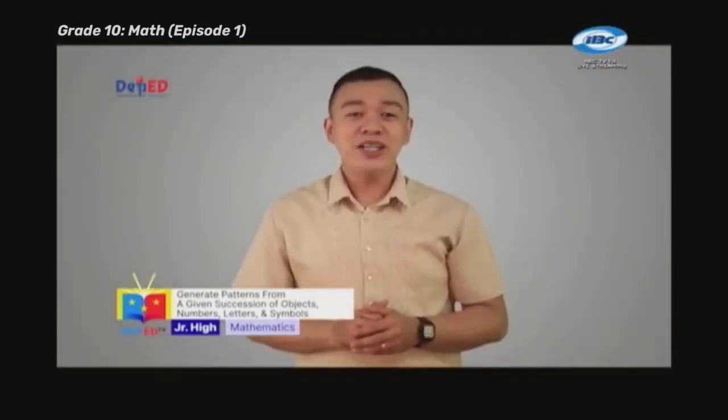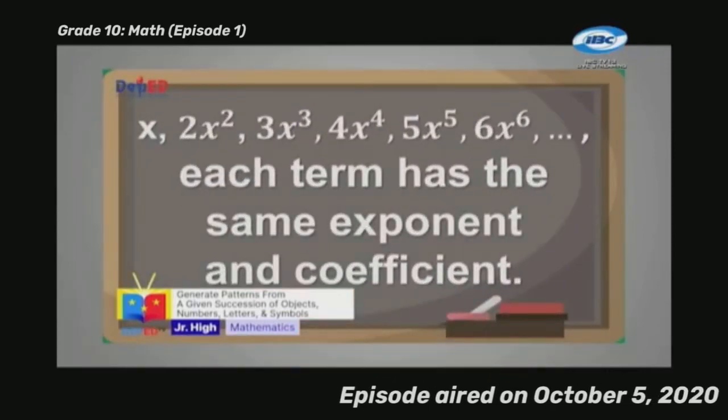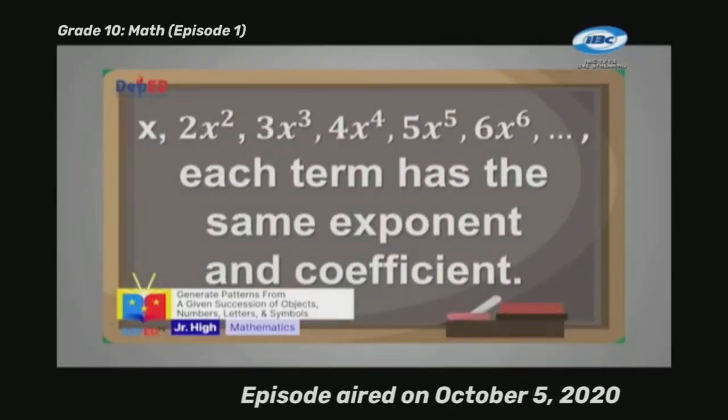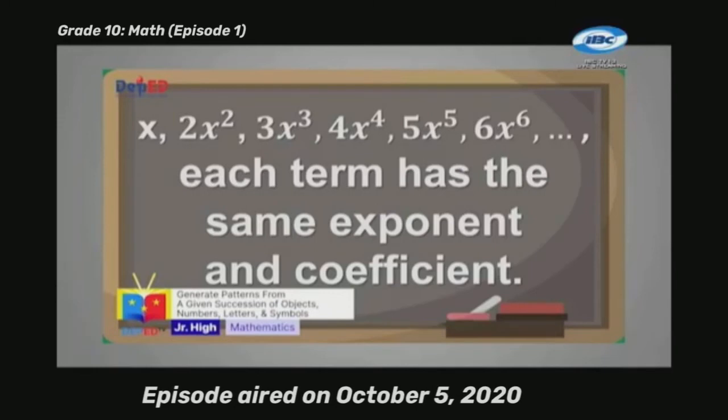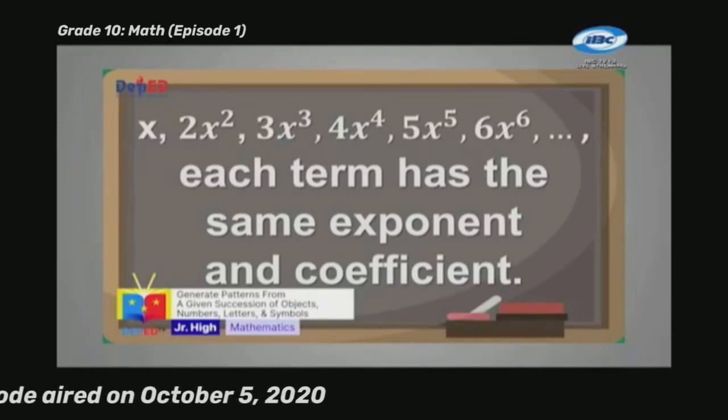Sometimes, a pattern in the sequence can be obtained and the sequence can be written using a general term. In the previous example, x, 2x raised to 2, 3x raised to 3, 4x raised to 4, 5x raised to 5, 6x raised to 6, and so on.